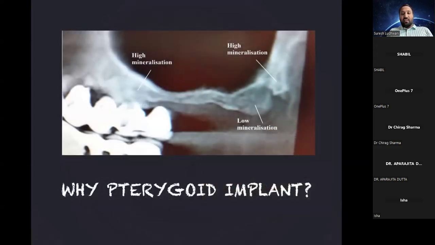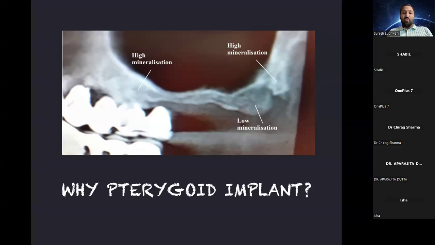Now this is something we come across most of the time: a pneumatized maxillary sinus. We don't have bone in the 6 and 7 region. We are supposed to place a tilted implant into the premolar region, and then there is the pterygoid and tuberosity implant region, which is unexplored and something we are very afraid of.